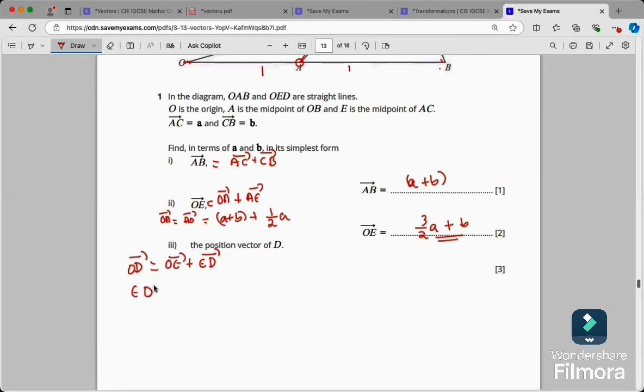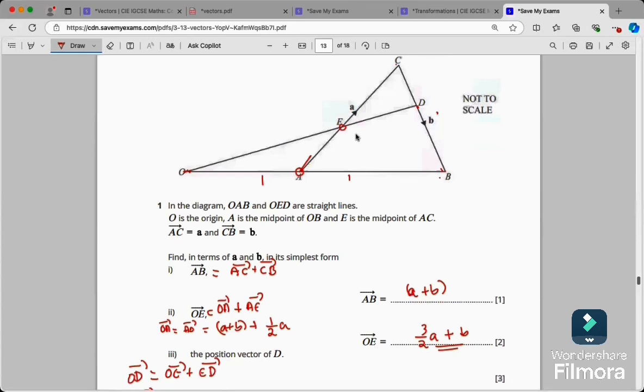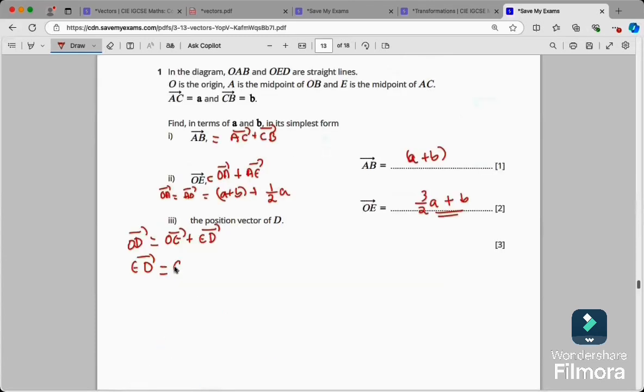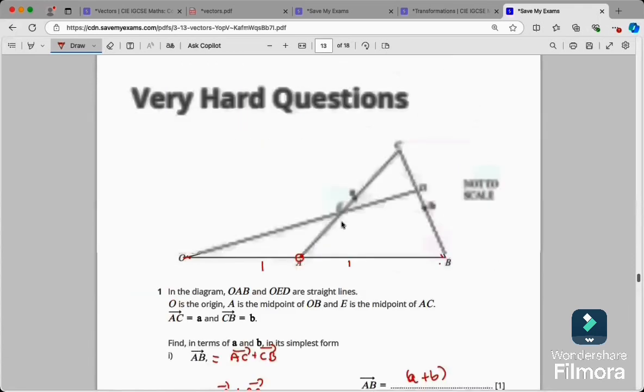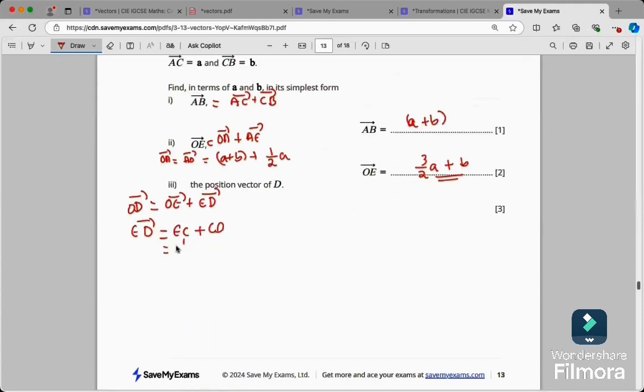Therefore, ED is equal to E to C and C to D in one way. Since E is the midpoint of AC, EC becomes half of that, so half of A plus CD.